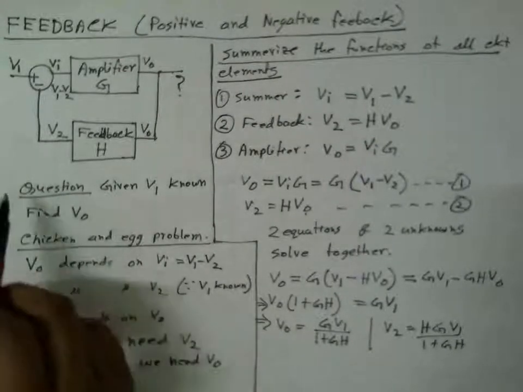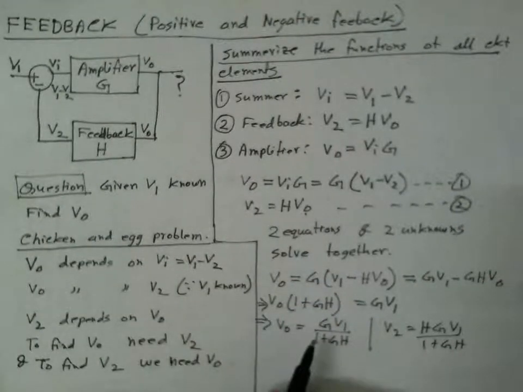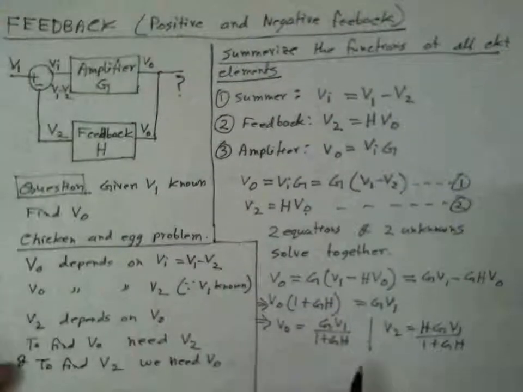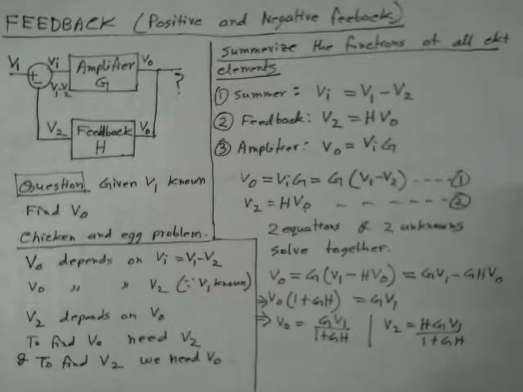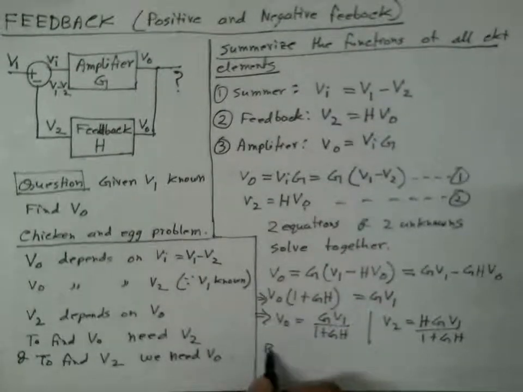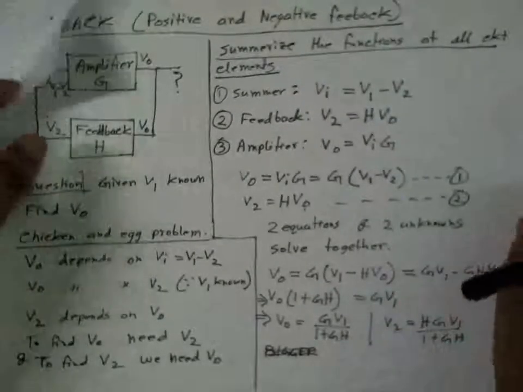But okay, so this question is answered, but now I'm going to pose a bigger question, and the question is as follows. Let's call this the bigger question. Let me do it on a new page.